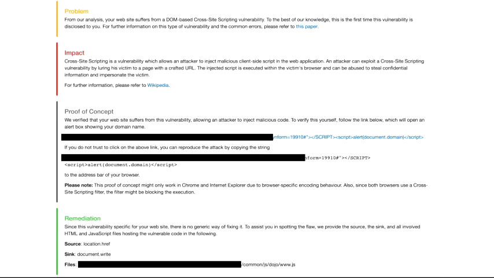So on top, we explain again the problem, then what the impact is, especially for maybe not security-aware WordPress users. Explaining the impact of such vulnerabilities is probably quite useful. Then a proof of concept for the cross-site scripting is just open an alert box with a domain, and then steps on remediating the vulnerability.